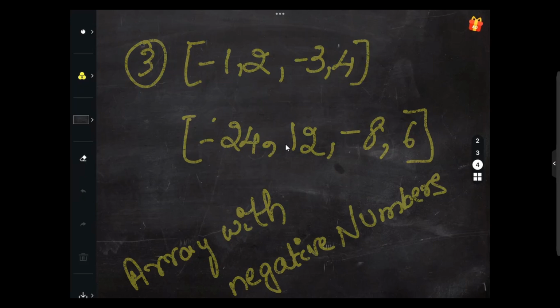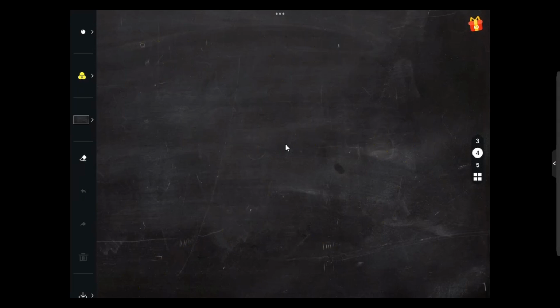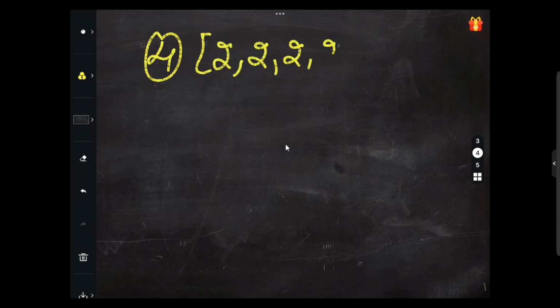The final edge case is the array with the same elements. Let me consider the input 2 2 2 2. When we exclude a 2, we multiply 2 into 2 into 2, which is 8.